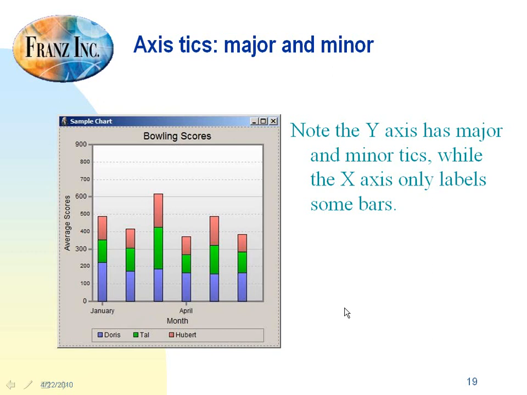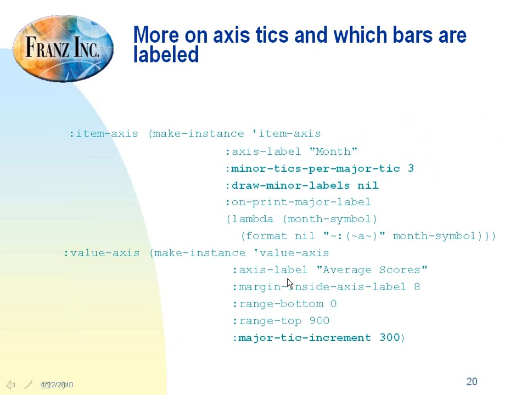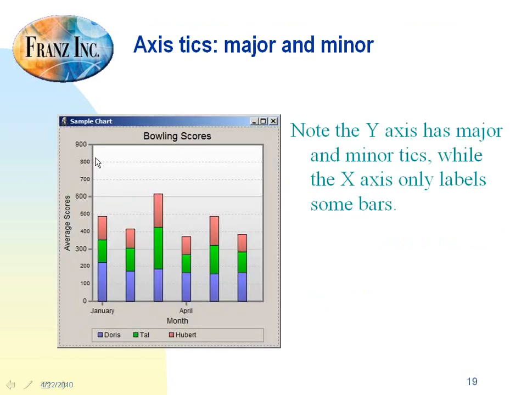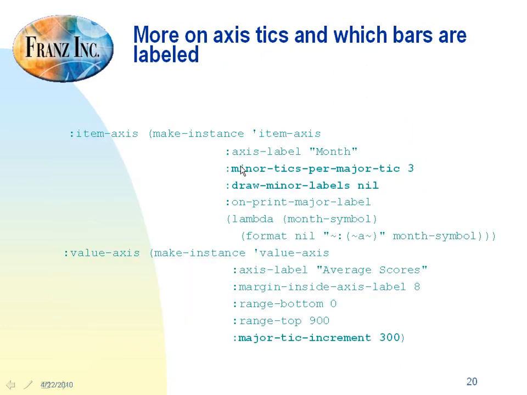It's only displaying January and April, and you're assuming this is going to be February, March, and then April's displayed, May and June. And if we look at the arguments in the sources for this, and that's one of the examples in the chart view documentation or the chart widget documentation, we see here's the item axis, and the label is month, and that's what it says over here, month, that's what that label is. And then it says there's an argument minor ticks per major tick 3 and draw minor labels nil.